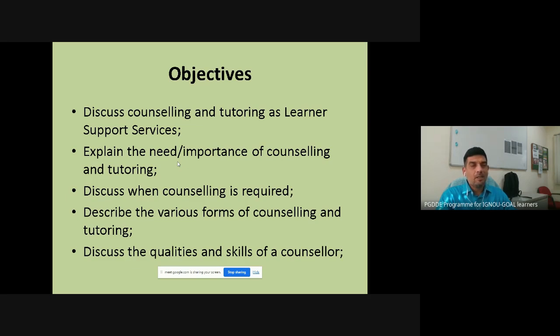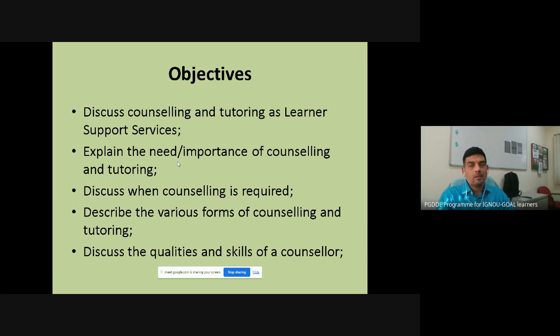And then you should be able to identify all these concepts, know the intricacies of these concepts, and implement the main skills that are required on the part of a counselor, and apply them in a holistic way. Also, when counseling is required by the learners while pursuing open and distance learning programs, that we will also discuss.